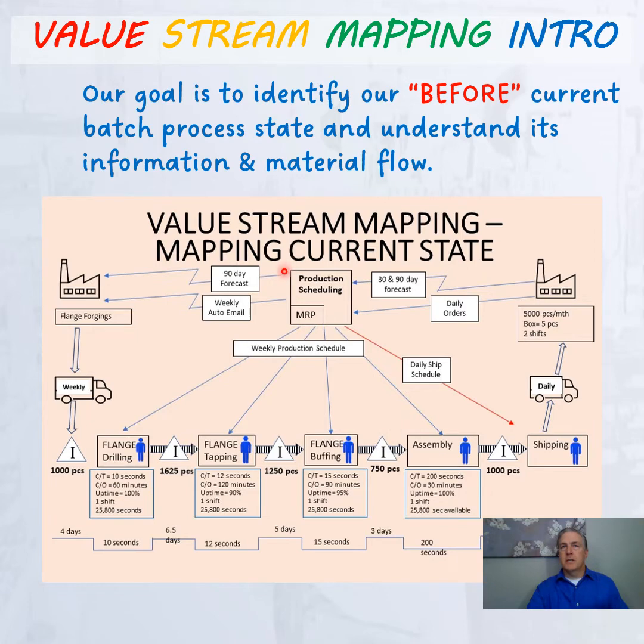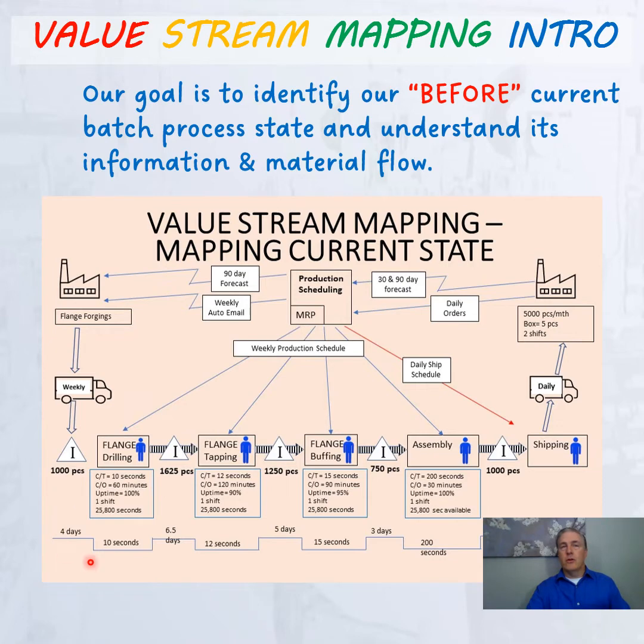In the center is our company, the production scheduling department, interfacing with the vendor and with the customer, and through weekly production schedules and daily ship schedules, interfacing with each of the departments as well as shipping to coordinate everything.